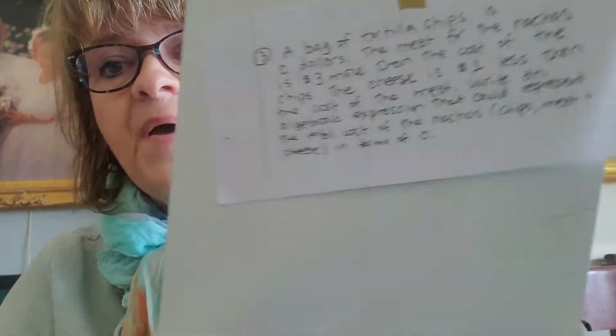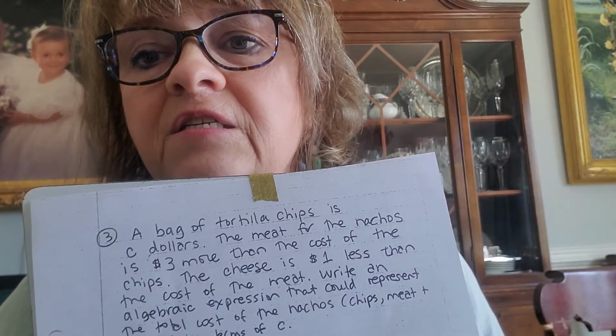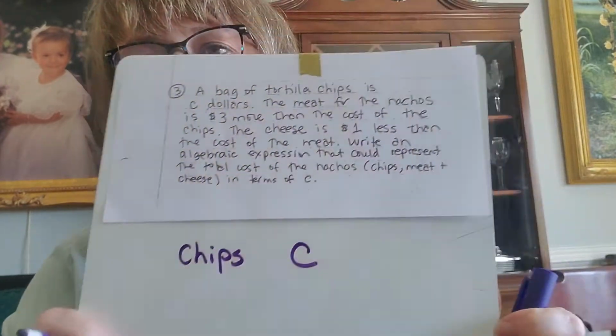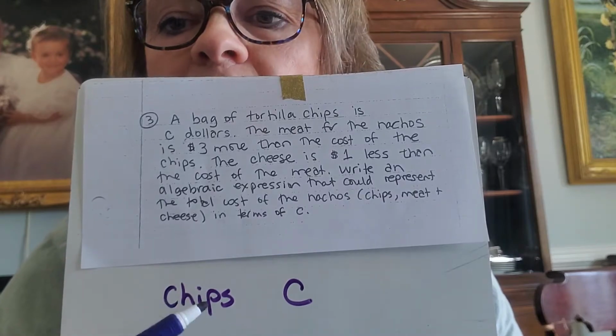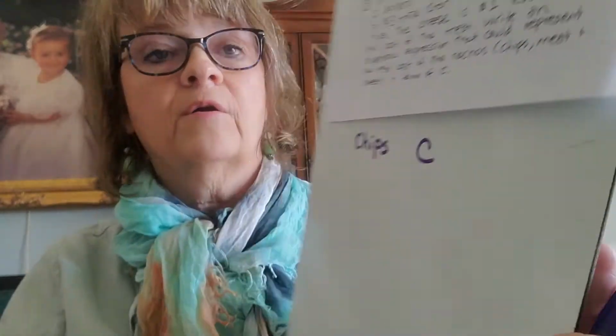All right? So the first sentence says a bag of tortilla chips is $C. So the very first thing you're going to write is chips, C. Okay, so that's an algebraic expression for the cost of the chips. All right. Next it says the meat.